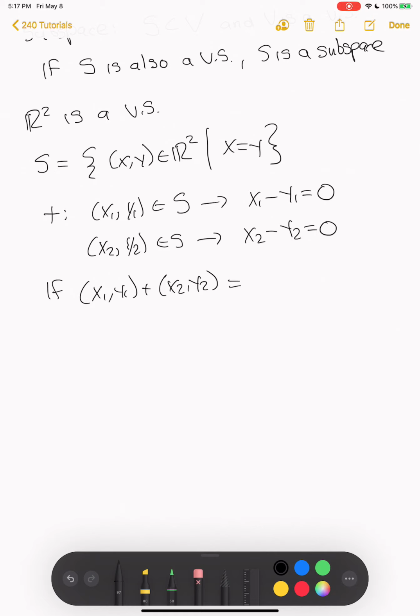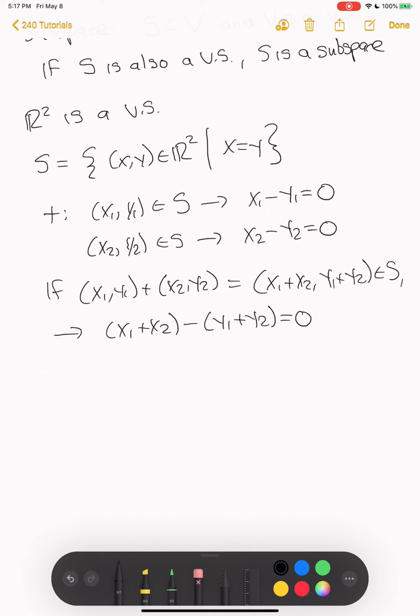This is equal to x1 plus x2, y1 plus y2 is in S. So if this is in S here, sorry, that was a bit confusing, then I know that x1 plus x2 minus y1 plus y2 has to give me 0. So I'm just giving it this constraint as well.